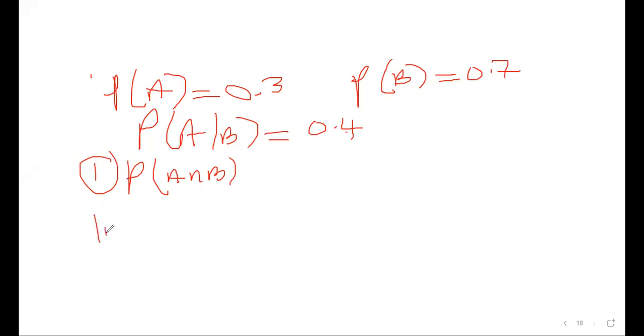And then the other one. I want you to get me the answers: probability of A is 0.3, probability of B is 0.7, probability of A given B is 0.4. The first one is the answer I need.